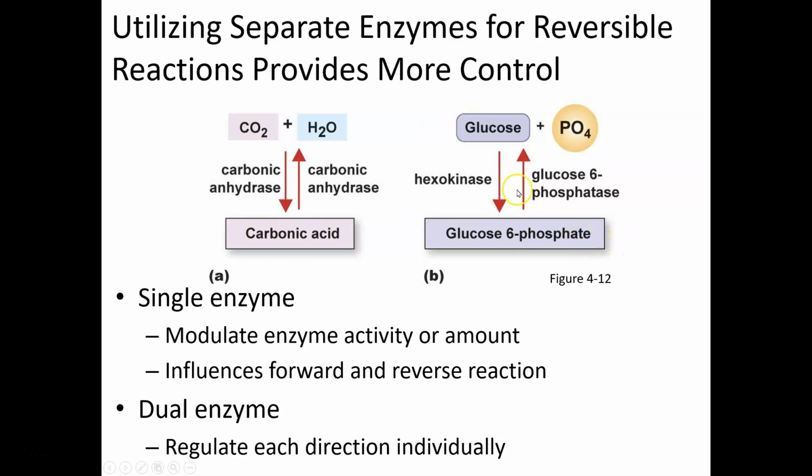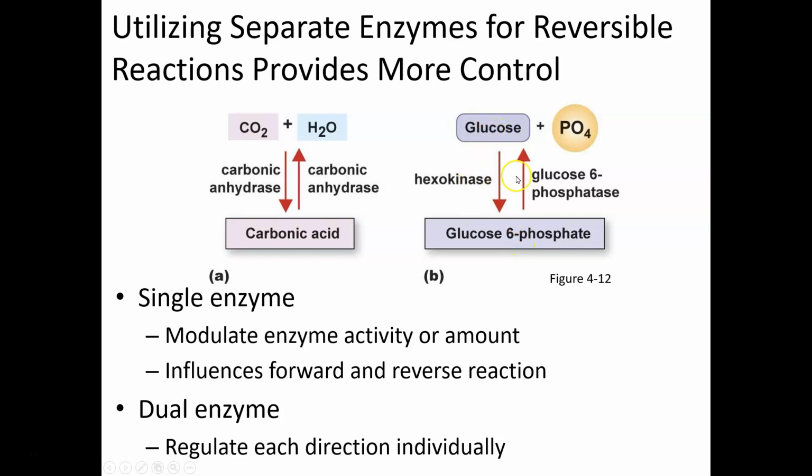And what's interesting about this reaction is from going from glucose to glucose 6-phosphate, there's a specific enzyme called hexokinase, right? So it only goes in that direction. And then we have an enzyme going the opposite direction, glucose 6-phosphatase, that will turn glucose 6-phosphate into glucose.